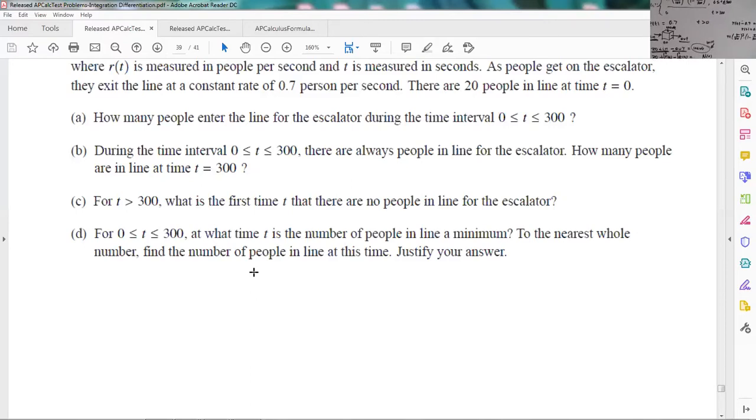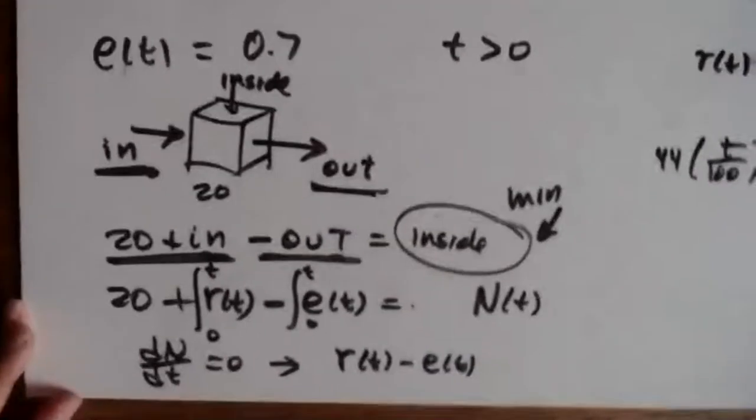Let me just go back to my screen right here. This is my reasoning.